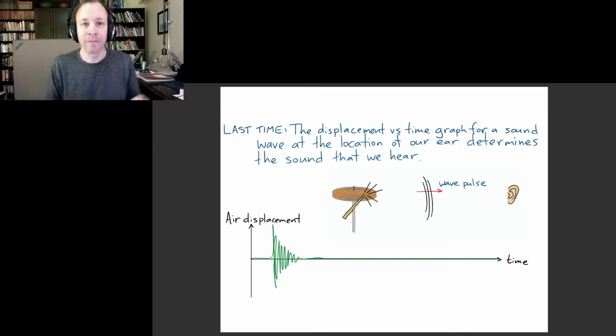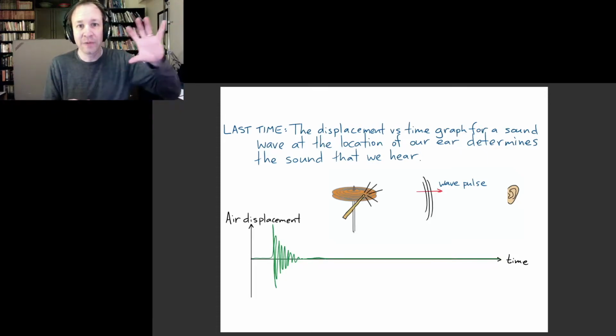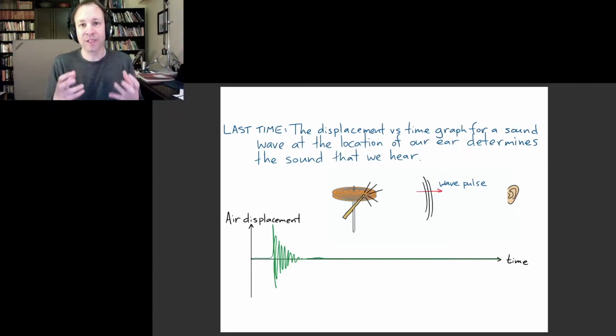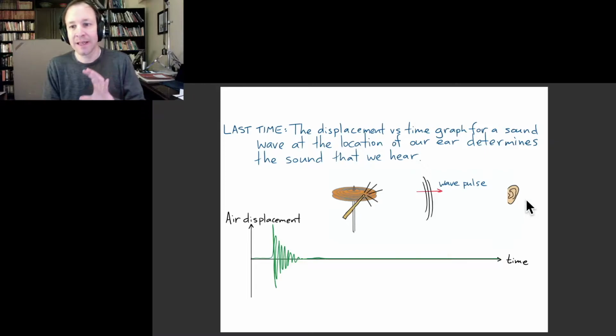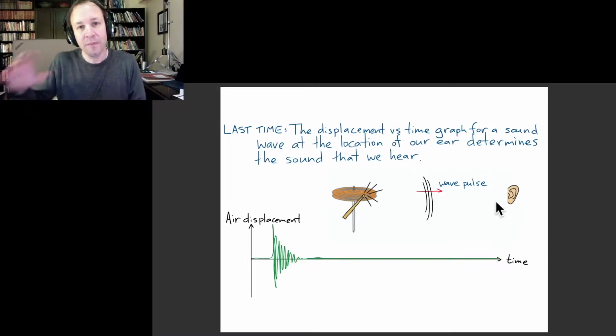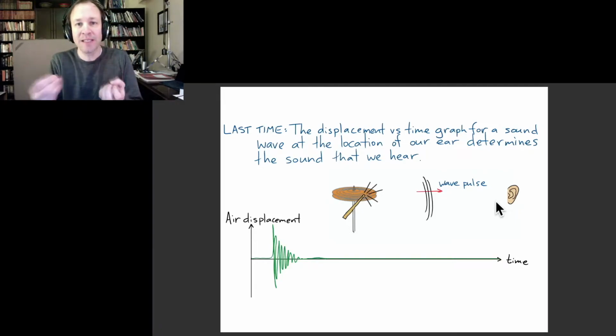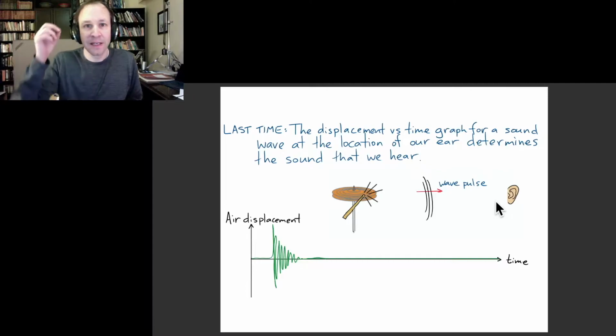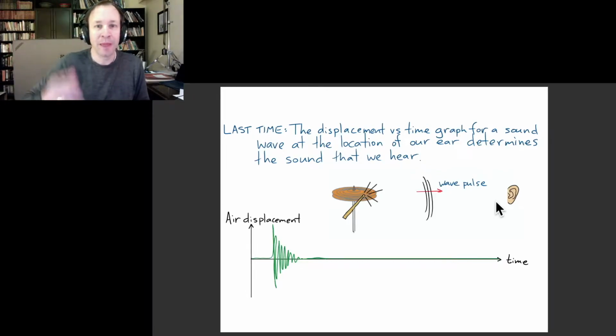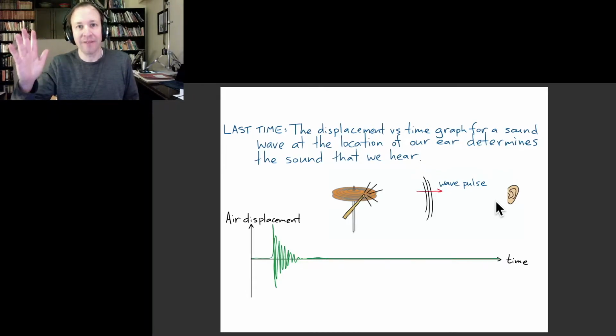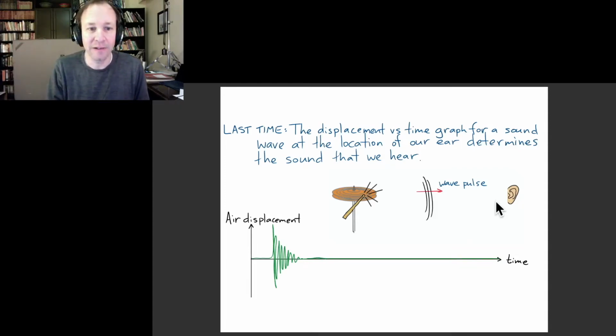And so the very important idea that we discussed was that if you have any sort of sound, then what determines the thing we will hear is basically just one physical thing, and that is this time graph of the displacement of air as a function of time at the location of our ear.